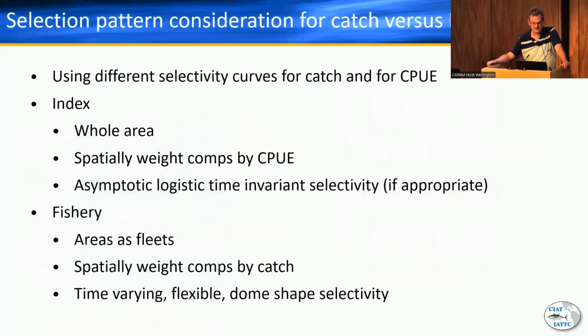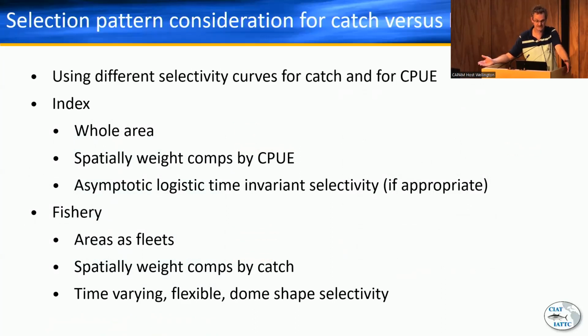It's a little different when you're talking about a fishery versus an index. When we do our CPUE standardization, we should never use the same selectivity for the index and for the catch. There may be cases where it's approximately okay, but it doesn't make sense because the fishery should be representing the removals and the CPUE should be representing the population.